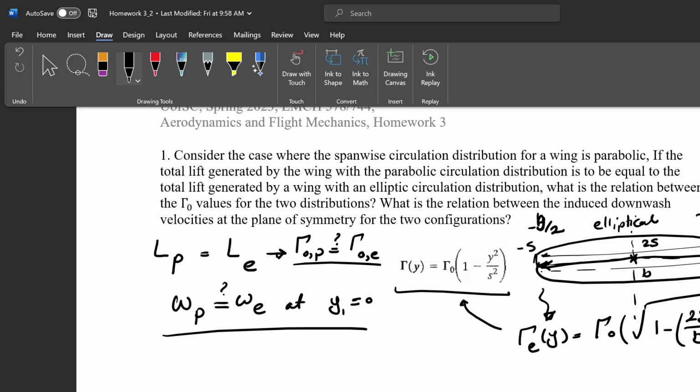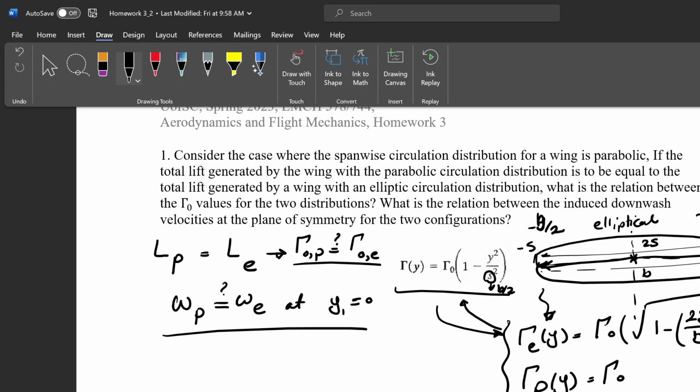So we either have to change this parabolic formula to fit the one that our book uses, or we have to change the one that our book uses to fit the parabolic formula that is given to us. I'm going to follow the book, so I'm just going to rewrite this equation for the parabolic circulation as gamma naught. The only thing I really need to do is to replace s with b over 2.